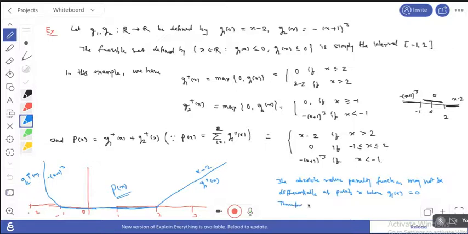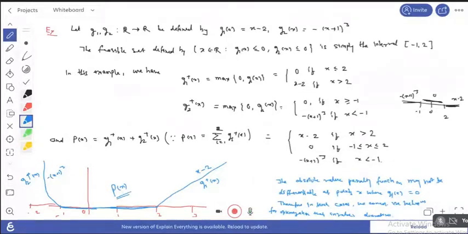Therefore, in such cases, we cannot use techniques for optimization that involve derivatives. Okay, so we cannot do this.